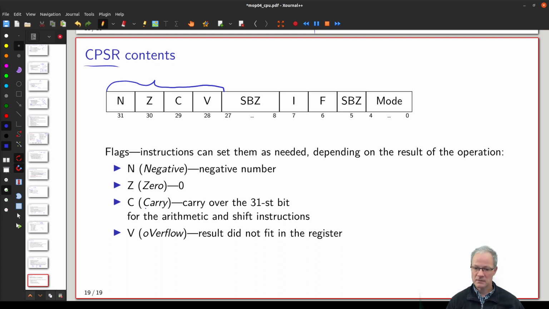The carry bit: what if we add 2 numbers and the most significant bits are 1 and 1, then you're definitely going to have a carry bit to report. And overflow, when the result did not fit. So that's the information that we can get.